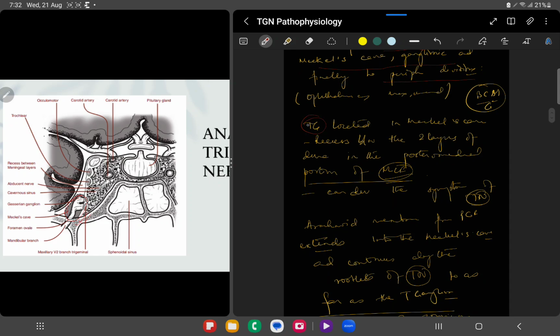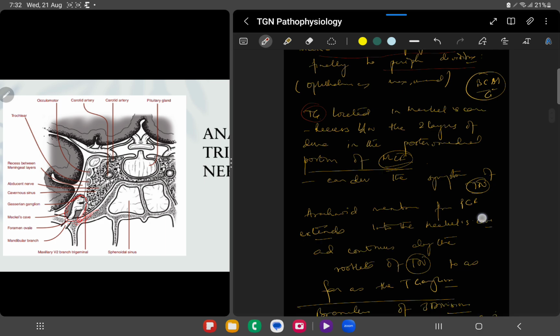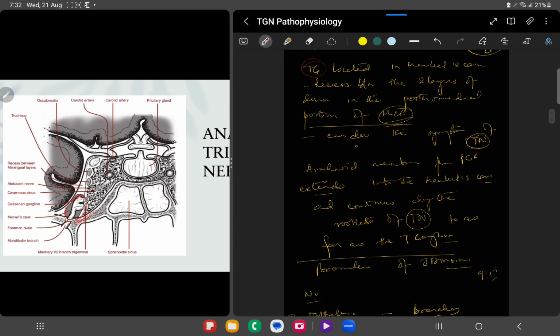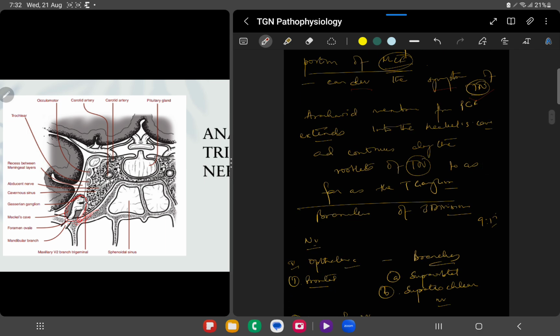Now this trigeminal ganglion or Gasserian ganglion is located in the Meckel's cave, a recess between the two layers of dura mater in the posteromedial portion of the middle cranial fossa. It can develop the symptoms of trigeminal neuralgia. Arachnoid matter from the posterior cranial fossa can extend into the Meckel's cave and continue along the rootlets of the trigeminal nerve as far as the trigeminal ganglion.